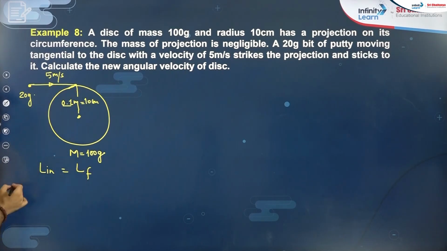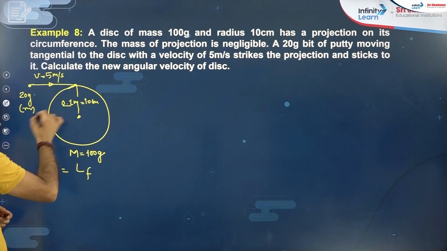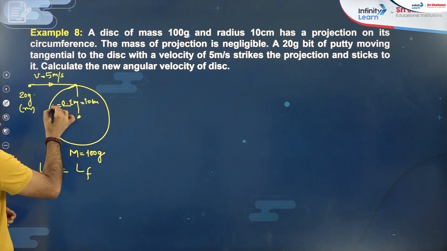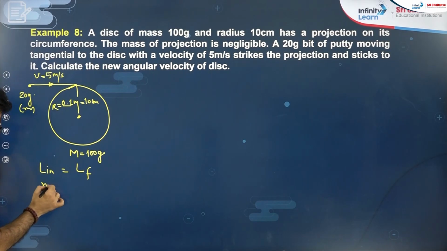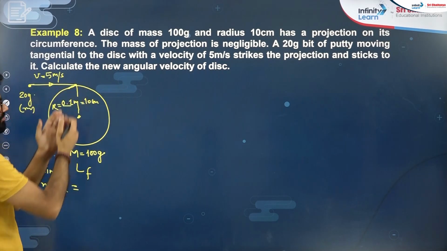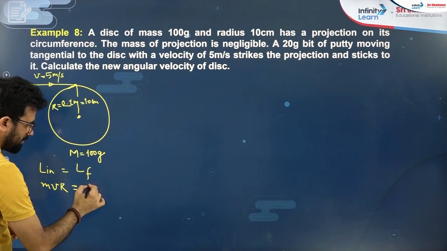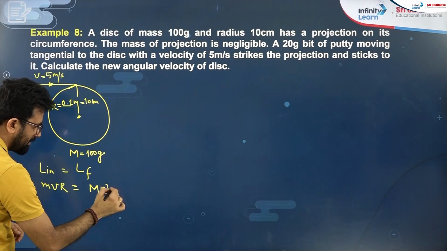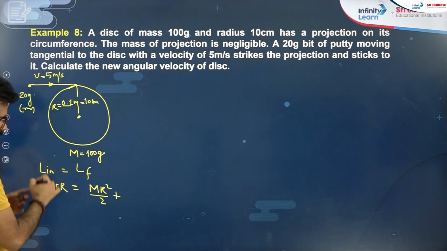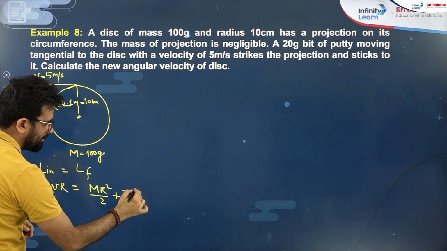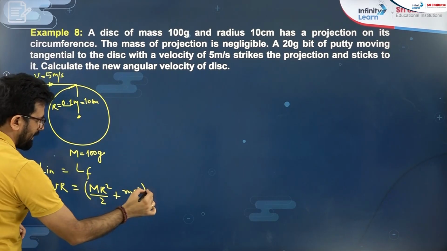Initial angular momentum would be how much? The putty mass is small m, the disk mass is capital M, the velocity is v, and suppose the radius is r. So the initial angular momentum is small m into v into r. After that the putty sticks to the capital M disk, so there would be the moment of inertia capital M r square by 2 plus the putty's moment of inertia small m r square, into omega.